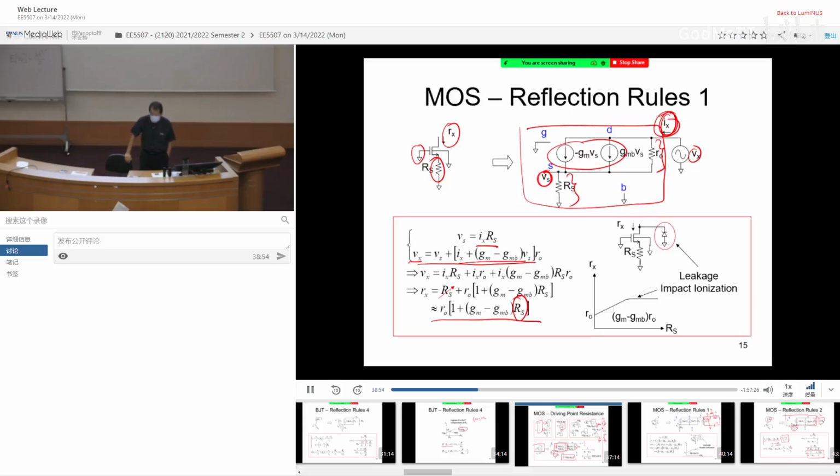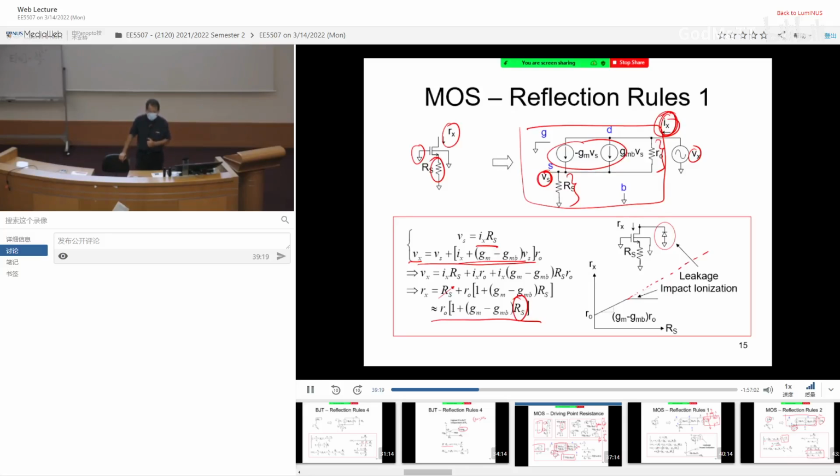Okay, simple as that. So ideally, you can extend this infinitely. And that is the reason in MOSFET, if you want higher resistance, you will see 3 transistors in cascode. Some say not sufficient, 4 transistors in cascode. Okay, there are people cascoding many transistors in order to boost the resistance.